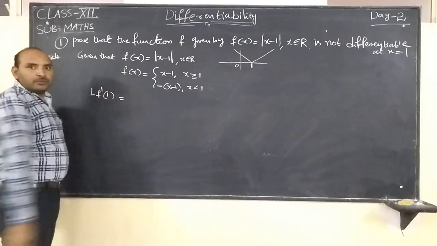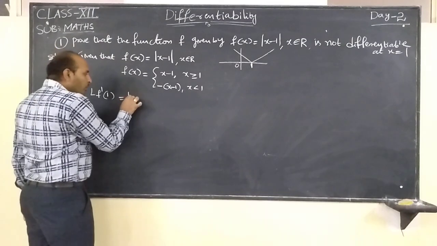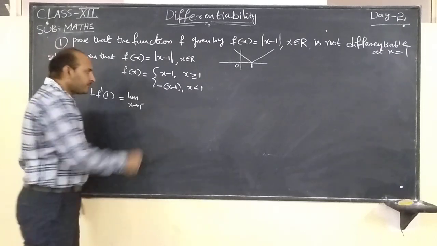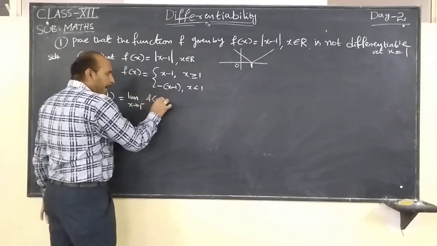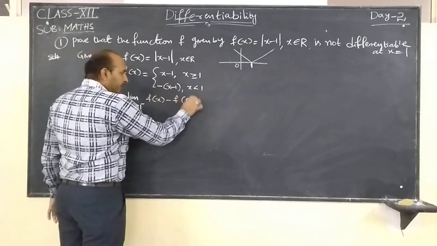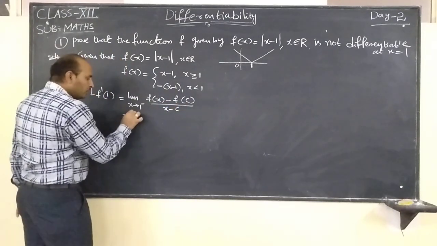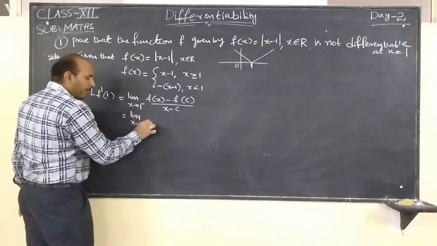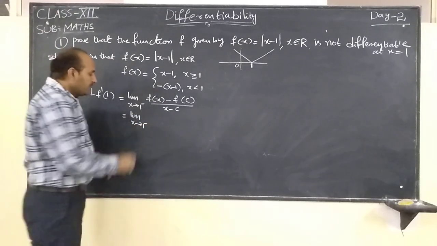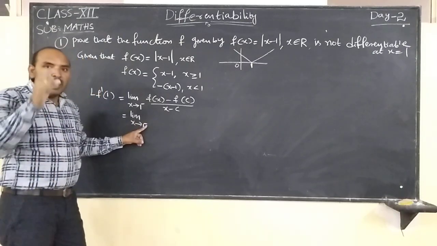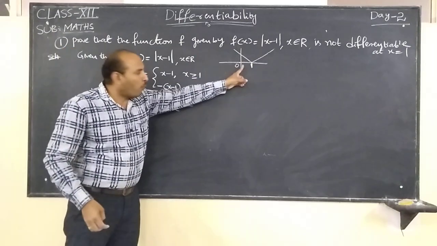Left derivative value is equal to limit x tends to 1 minus [f of x minus f of c] divided by x minus c, which is equal to limit x tends to 1 minus. x value less than 1. x value minus means what? Left side of the value 1.